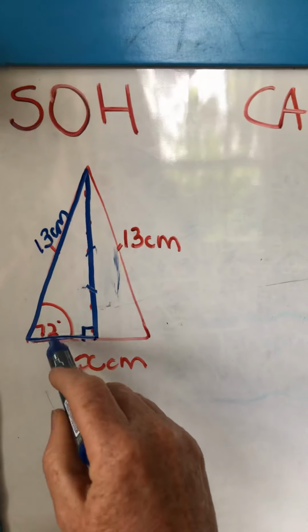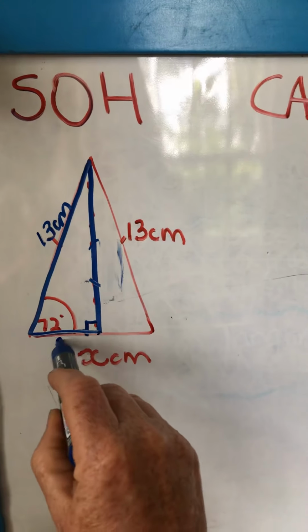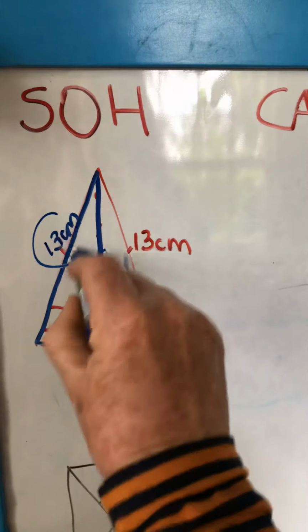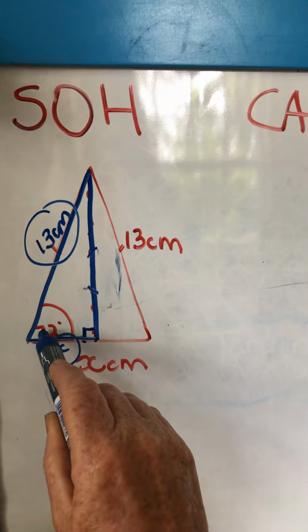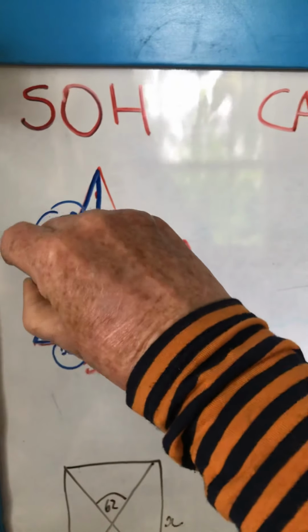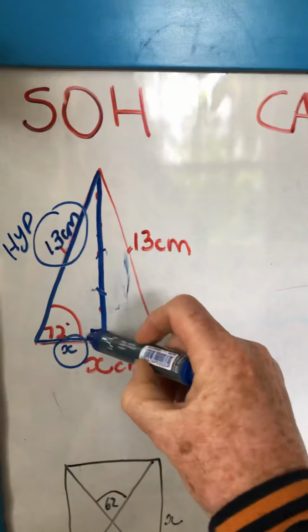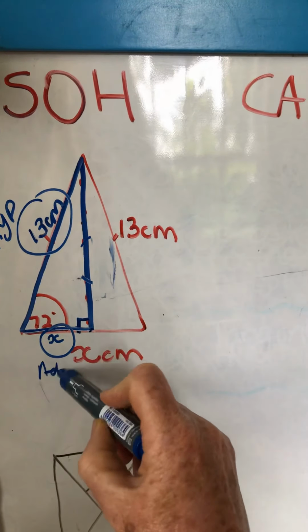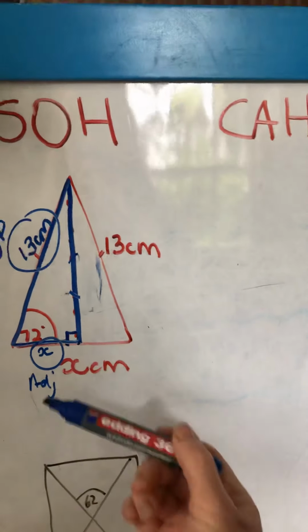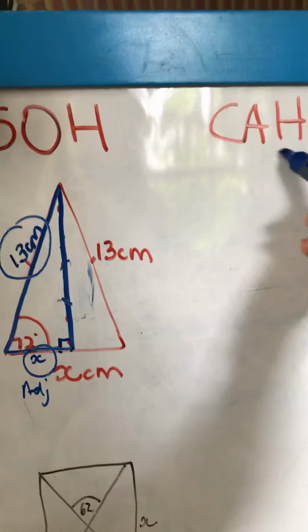So which ratio are we going to use? Well, we need to use this side and this side. Our angle is here. This is the hypotenuse because it's opposite the 90, and this one is adjacent to the angle. So we're going to use adjacent and hypotenuse. That's cosine.